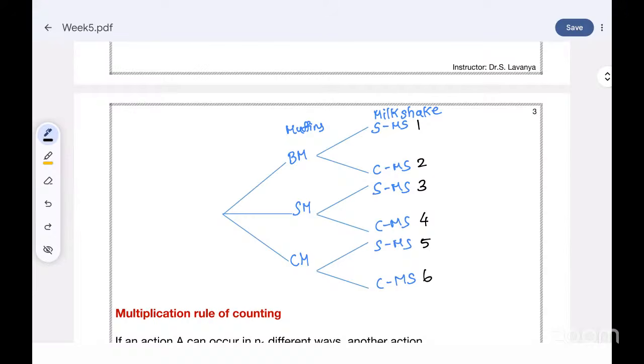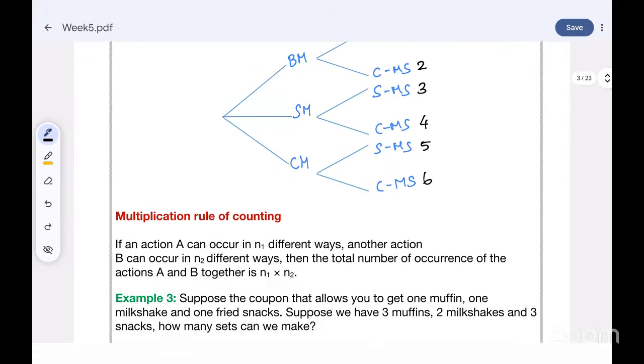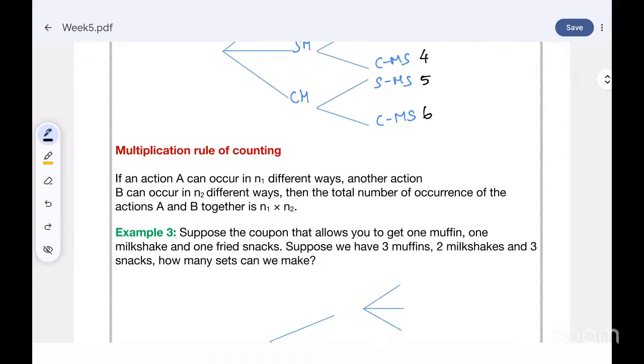So this is the multiplication rule of counting. What does it say? If an action A can occur in n1 different ways, and another action B can occur in n2 different ways, then the total number of occurrences of the actions A and B together is n1 into n2.